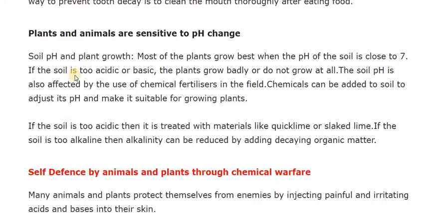Suppose the soil is becoming too basic in nature, then we have to add a slightly acidic fertilizer. By this we can easily neutralize the soil and the plant can grow well.